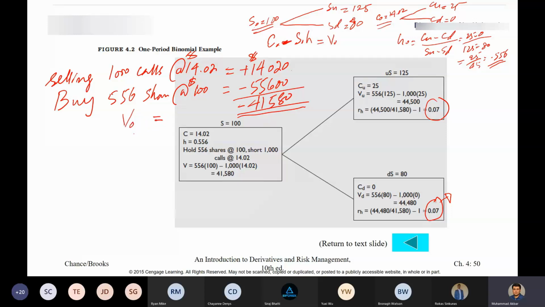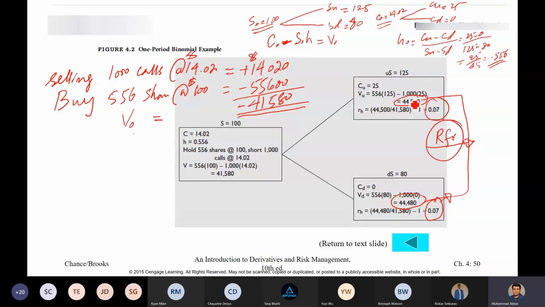Why should it be earning the risk-free rate? If you look at it, as we said, the future outcome for this portfolio, no matter whether the stock price goes up or goes down, will be the same. Here we see there is a $20 difference, but it is because of the rounding off in the hedge. So when the future outcome is known with certainty, remember, this is an important statement I'm making: if the future outcome is known with certainty, then the portfolio or the investment should always earn the risk-free rate.